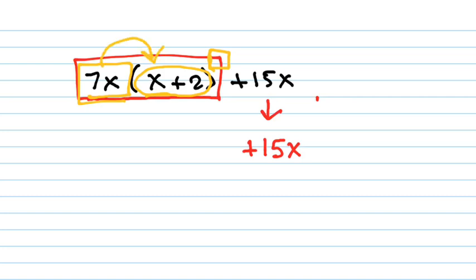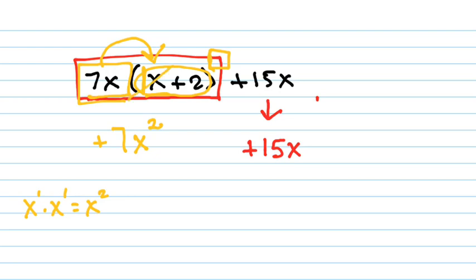So starting with the first term, positive times a positive is a positive. 7 times, what number's in front of the x if there isn't one? A 1. So 7 times 1 just stays 7. And x times x is x to the second power, exactly. Remember, it's x to the first times x to the first, so x to the second. Now, we're done with the first term.